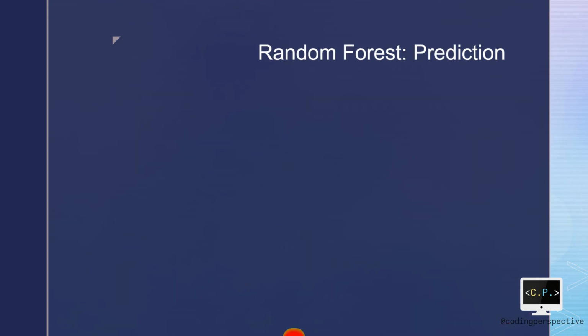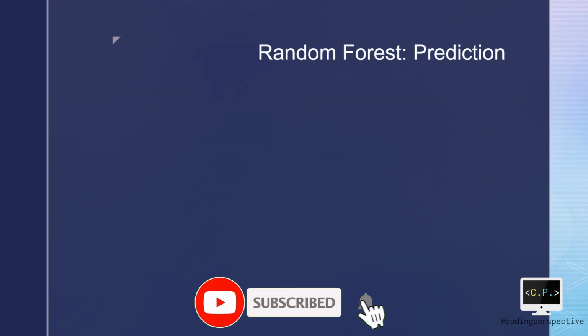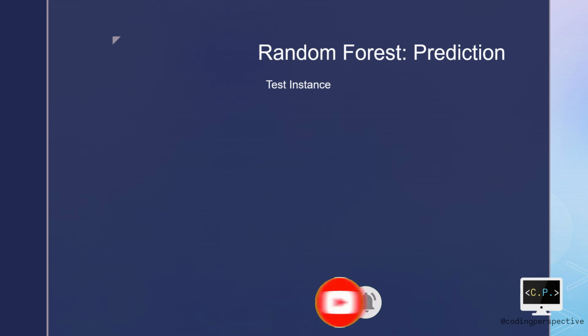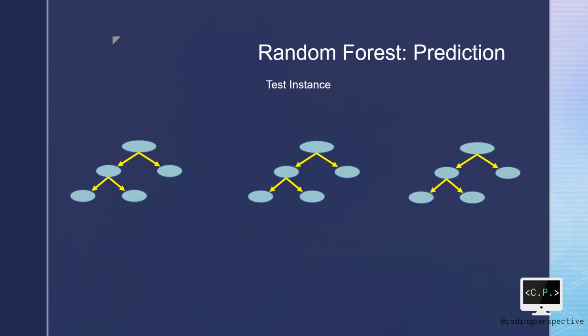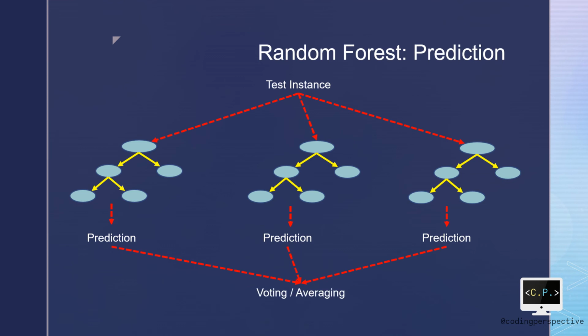Now we will show you how a prediction operation is done. Assume that you are given a test observation. As you have gone through the training process, you have a random forest model that has a bunch of decision trees. First, you input your test instance to the decision trees that you grew. As a result, each tree will generate a prediction for the test instance. Now, it's time for aggregating the predictions of the decision trees.